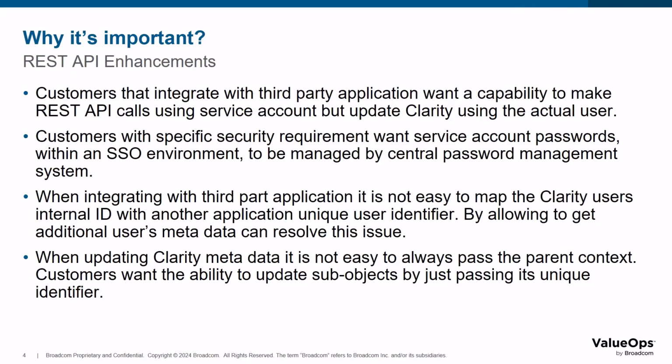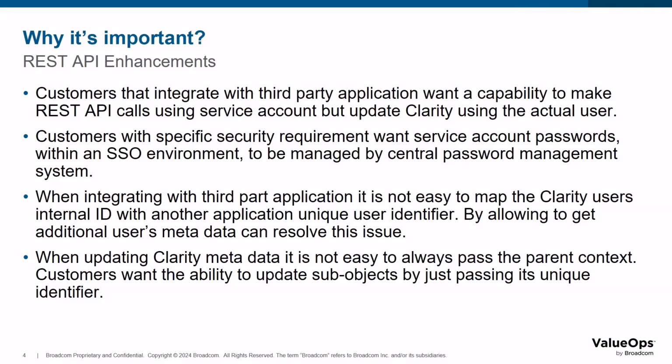When integrating with a third-party application, it is not easy to map the Clarity user's internal ID with another application's unique user. By allowing the ability to expand a user-based or a resource-based lookup information, the integration can now pull the user or resource-specific information such as their email address or username that will allow the integration with the third-party application much easier.